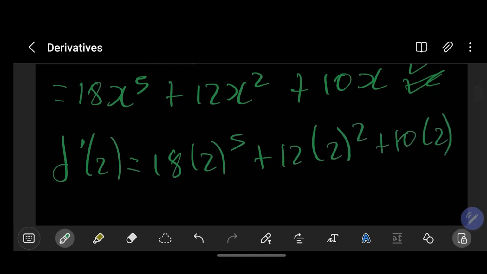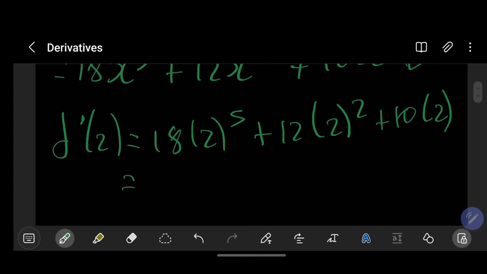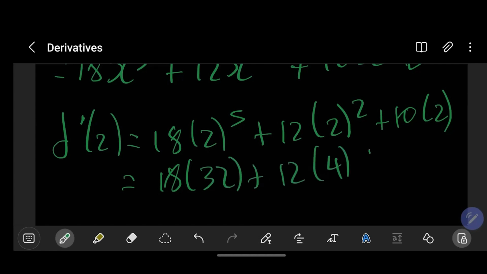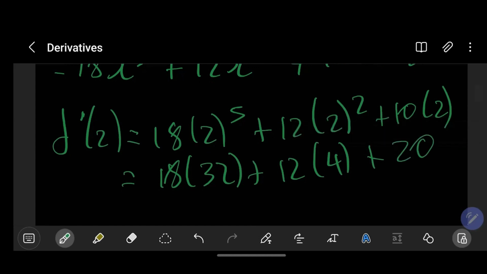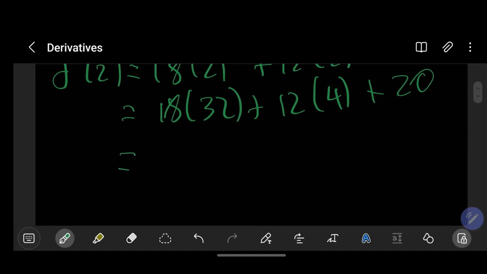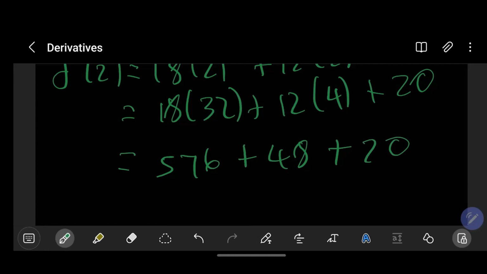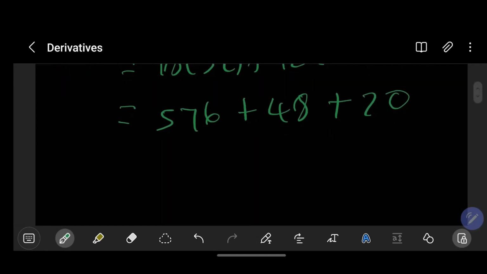Okay, so that's then equal to 18 into 2 to the 5 is 32, plus 12 into 2 squared is 4, plus 10 into 2 is 20. So that's now equal to 576 plus 48 plus 20. Okay, 18 times 32 is 576. So if we add all of this up, we have the answer of 644.